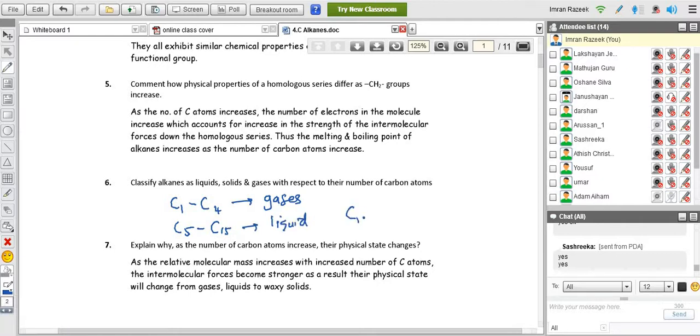And C16 and above, they are waxy solids. Waxy solids, right? Please copy this, because the physical state changes as the strength of the intermolecular attractions changes down the homologous series. Is that clear?